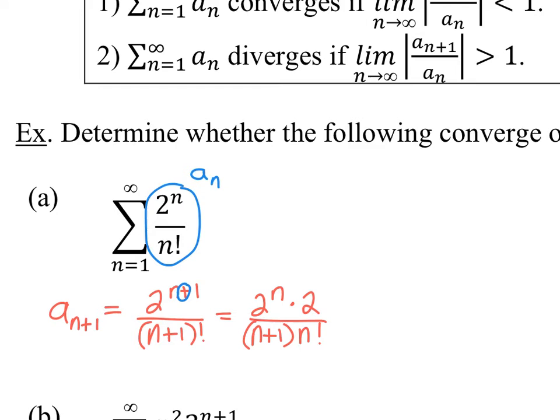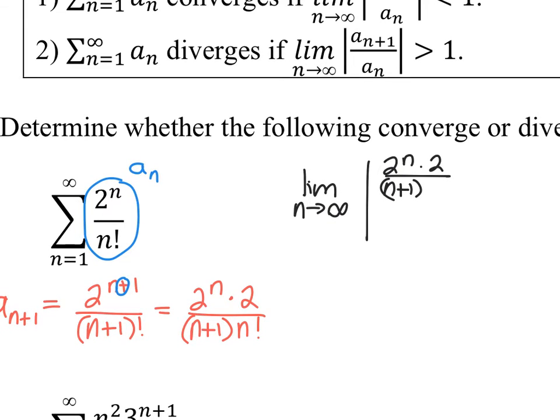All right, so I'm going to create my ratio in limit form. 2 to the nth times 2 over n plus 1 times n factorial, all over 2 to the nth over n factorial.